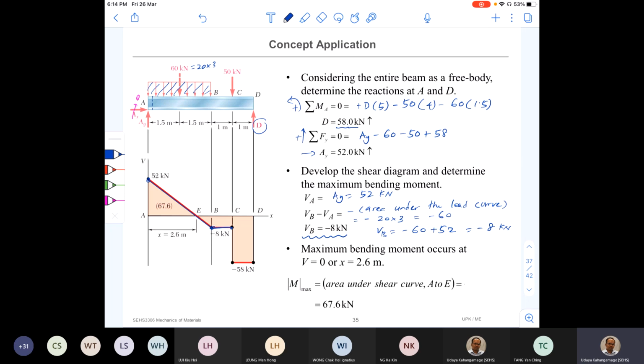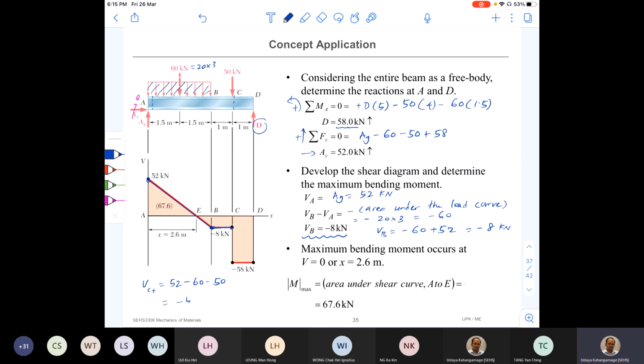We say VC plus, just after C. So somewhere here. Now by observation you can write that one, right? So let me write how I write it. It should be AY positive, so that is 52, right? Negative 60, negative 50.